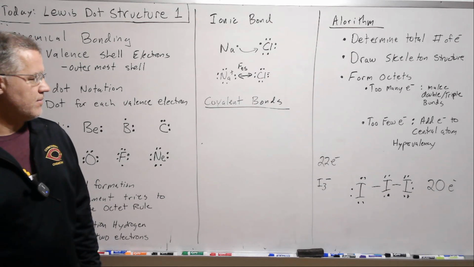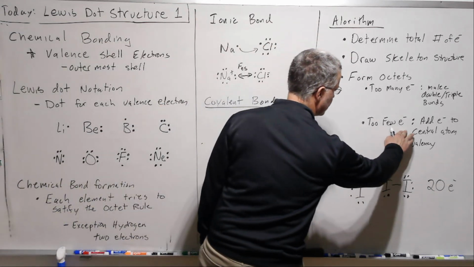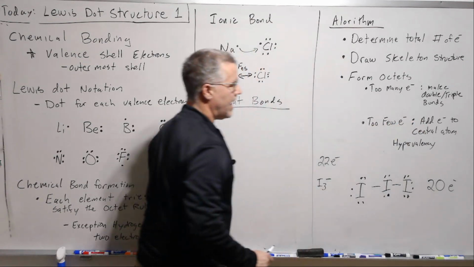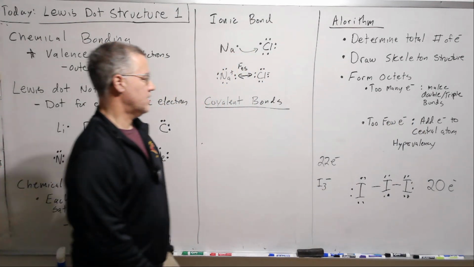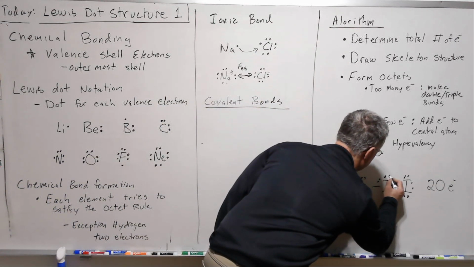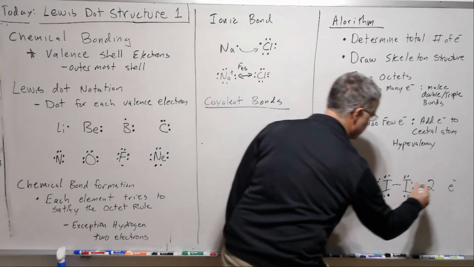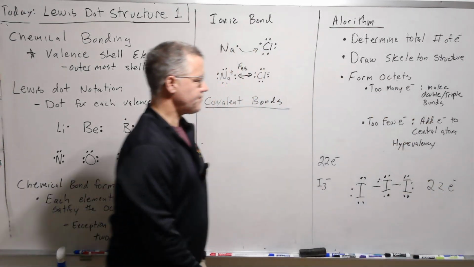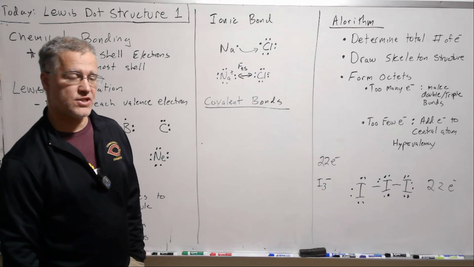It doesn't have the right amount of electrons. So I'm in a too few case here. I have to add to the central atom. And so I do this. I add an extra lone pair. I'm now at 22. And this is now the correct Lewis structure.